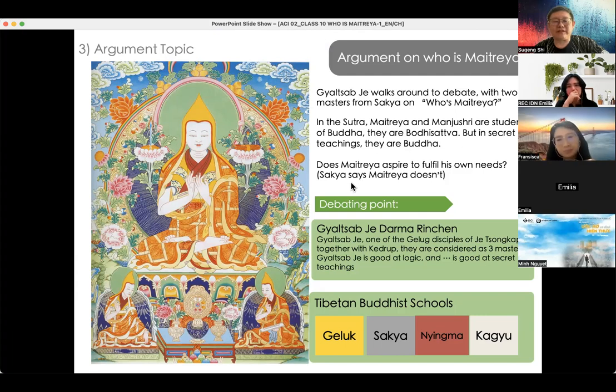So Gyaltsabje was debating with these two Sakya masters. The Sakya masters said that Maitreya doesn't aspire to fulfill his own needs. The main motivation he taught the Jewel of Realizations, the Abhisamayalankara, is because he wants people to read, to learn, to practice, and to get enlightened.